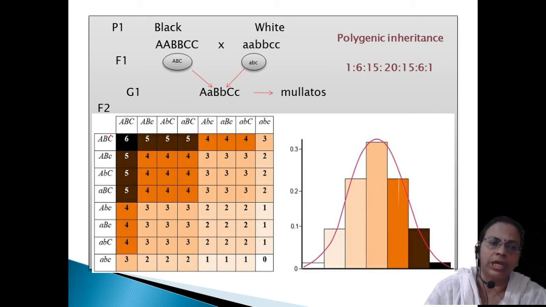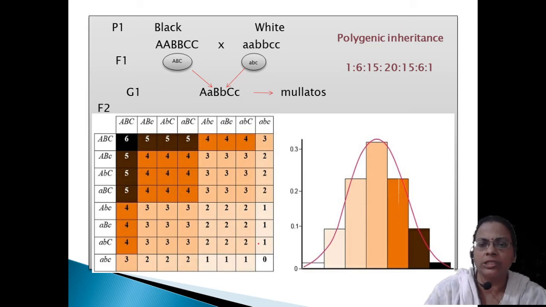And when you plot all these gametic combinations of the male parent and female parent, you will get the ratio 1:6:15:20:15:6:1. That means 20 will be mulattoes. The extreme left side, the 1, will be exactly like this combination, and on the right side, exactly like that combination. So you will get a gradient, with 20 of intermediate.